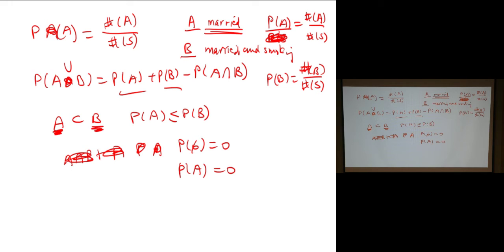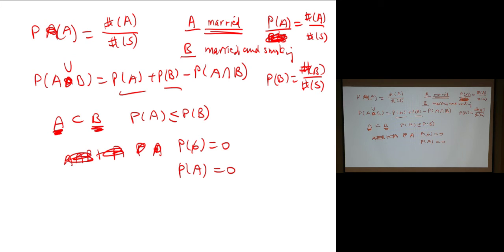I toss a die. Can I get a 7? The probability is 0. Only a normal die, like 1 to 6, so you cannot get a 7. But if I define my set as 7, 8, 9, 10, oh, I have elements in this set. The event is getting a 7, 8, 9.